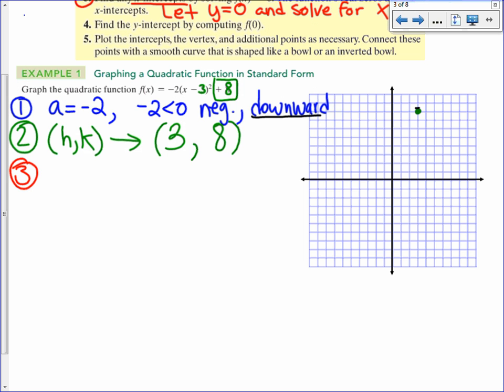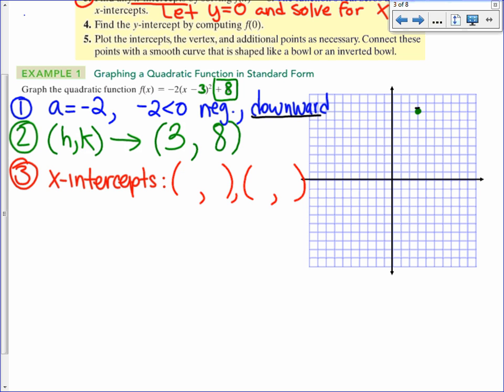So for the function f(x), I'm going to turn that into y is equal to -2. Well, let's do this first. X-intercepts. Do you guys think we're going to have 1 or 2? I say 2, yes.